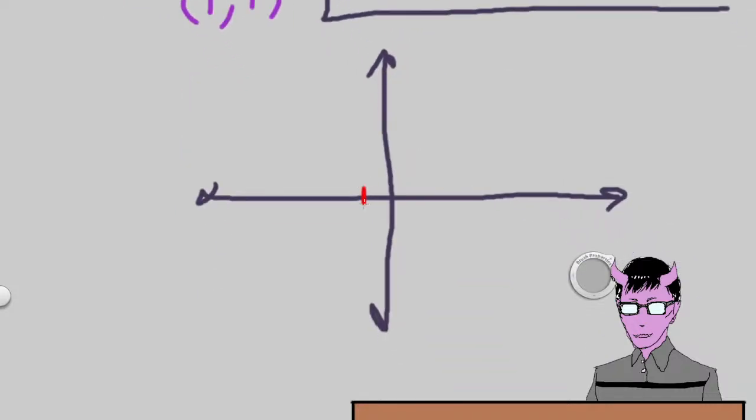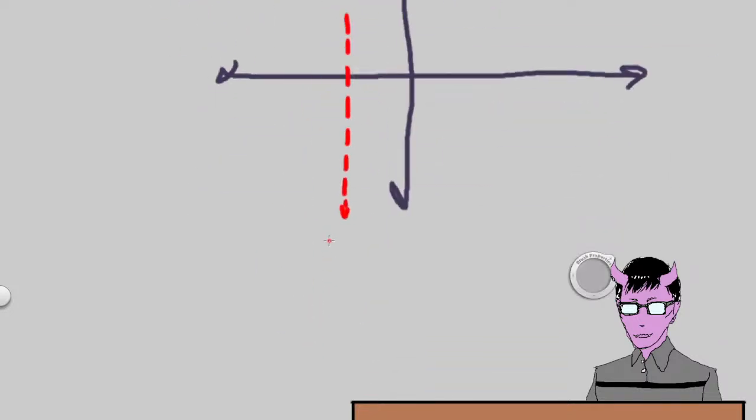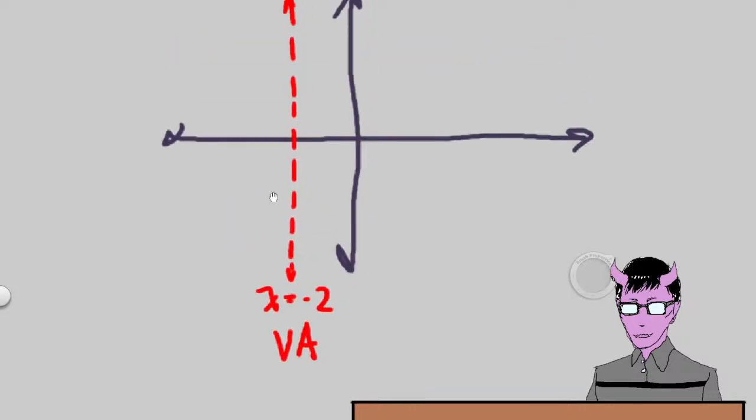So find -2. -1, -2. That's the VA. I'm color coding it in red because it can't be -2.